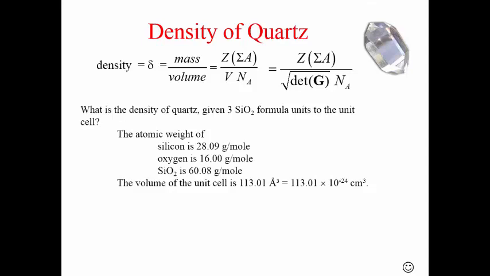You add them up and you get 60.08. And we've already done the G matrix for quartz, and we've found the volume in terms of the G matrix, and we got 113.01, and we want to put it in cubic centimeters because our density is going to be in grams per centimeter.